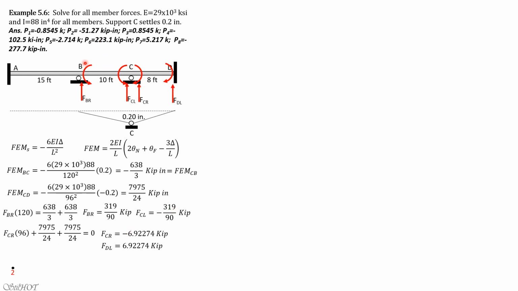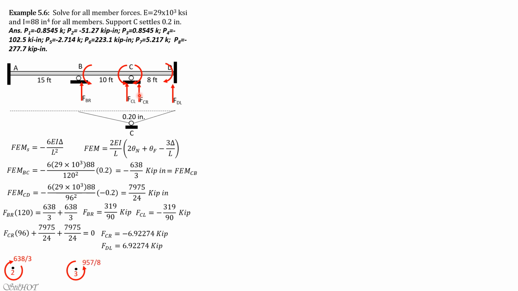So at node 2, because this is counterclockwise, the nodal load is clockwise, and it is equal to 638 over 3. At node 3, for C, 7975 over 24 is clockwise, then minus counterclockwise moment BC, which is 638 over 3.